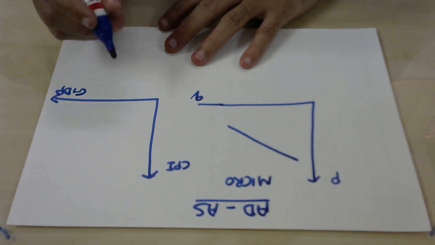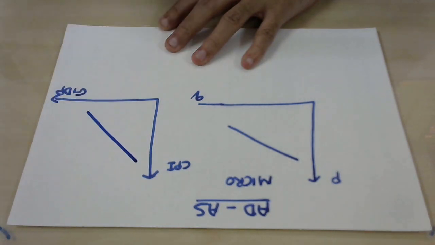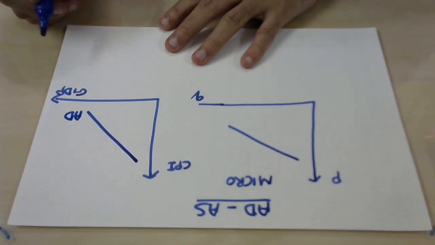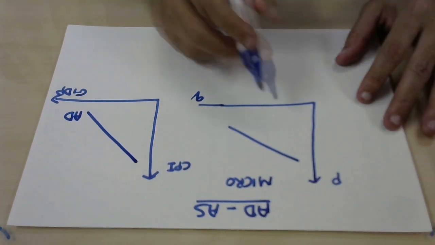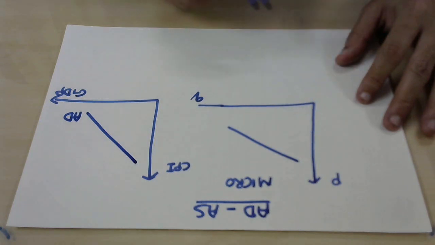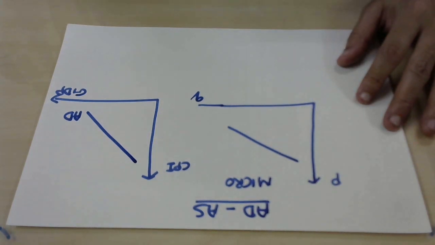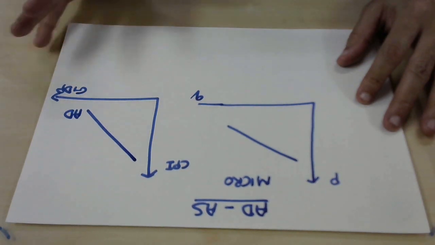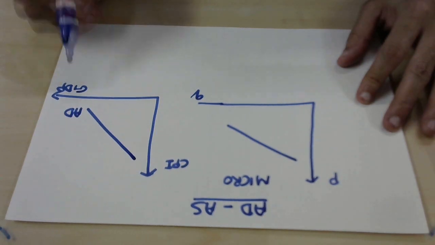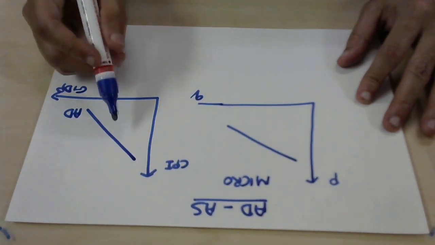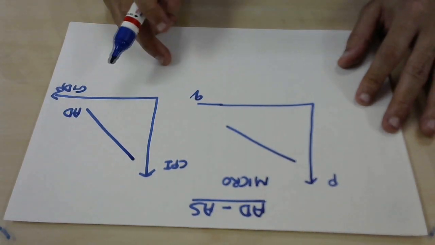The aggregate demand curve in macroeconomics is also downward sloping, but not for the reasons that we have used in microeconomics. Because I cannot draw resources from one industry to another when I'm considering all industries taken together, which is the GDP, I need a different framework to understand why the aggregate demand curve is downward sloping.